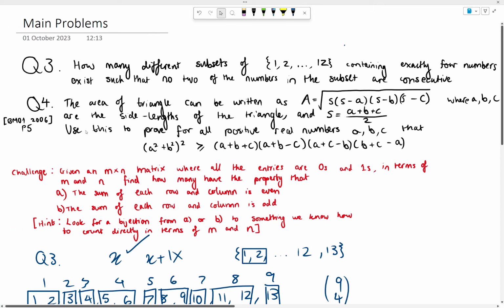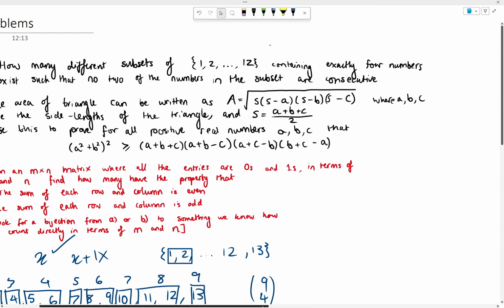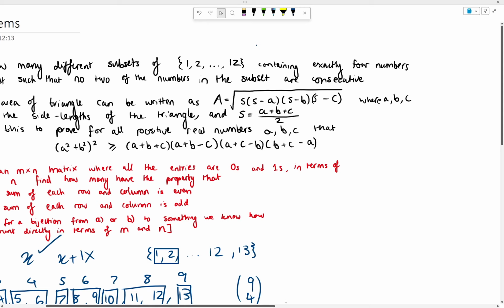I'm going to use this to prove the following inequality. So I'm converting a problem about an algebraic inequality into a problem about geometry, like looking at the area of a triangle.